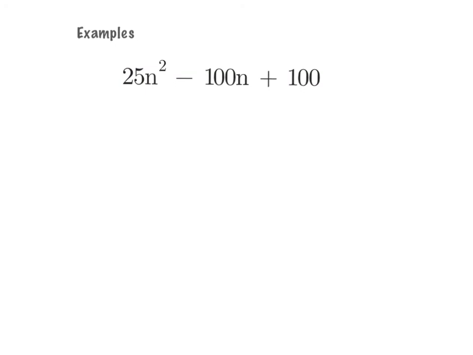Okay, here is our next example. A lot of people just go straight here and notice that those are perfect squares and want to start factoring, which is fine, but they neglected the first step in all factoring, okay, which is to check to see if there's a GCF. And this does have a GCF. So what is the GCF that we can factor out? It is 25.